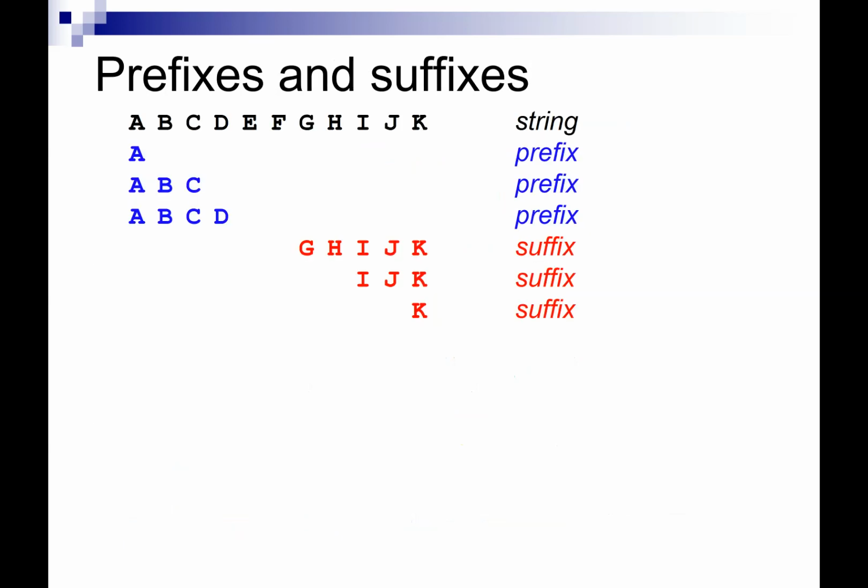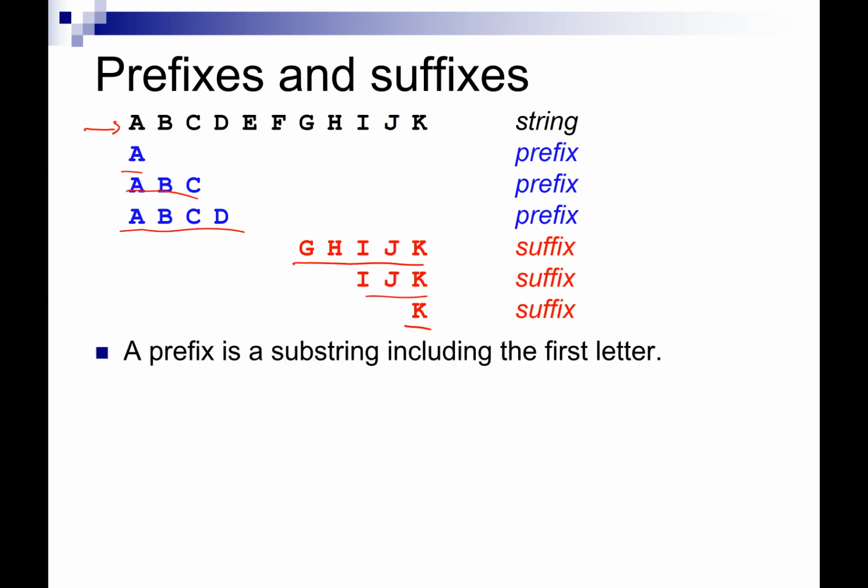So now we're going to figure out a way that we can compute this quantity K. Before we do that, let's define a few terms. Let's say that a prefix of a string is just the first few letters of a string. Given this string in black over here, all of these blue things are prefixes. The suffixes are the final few letters of the string, so for example, all of these are suffixes.